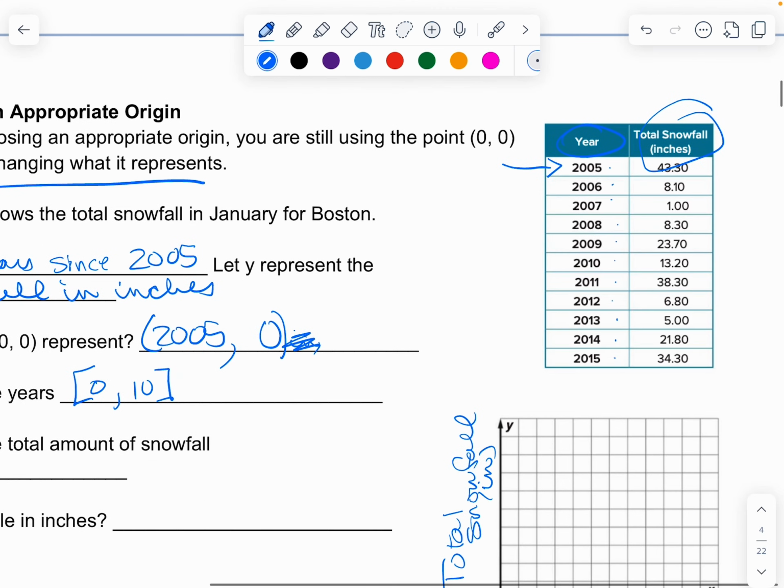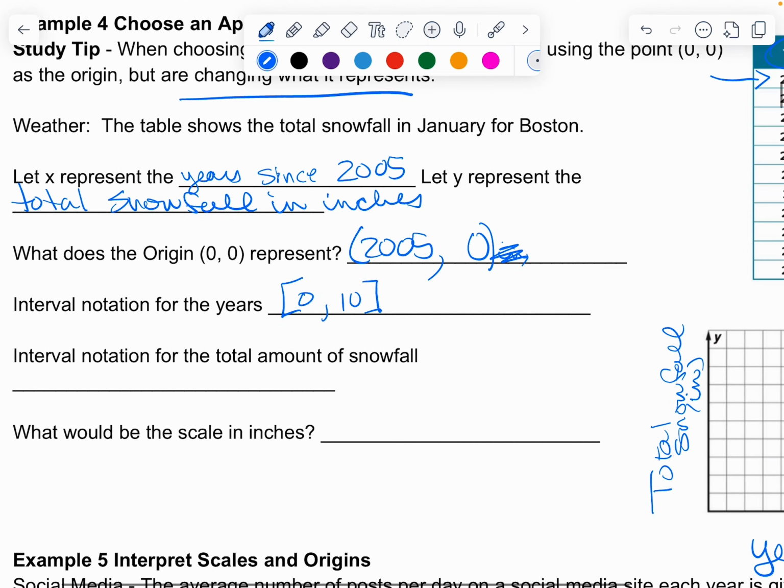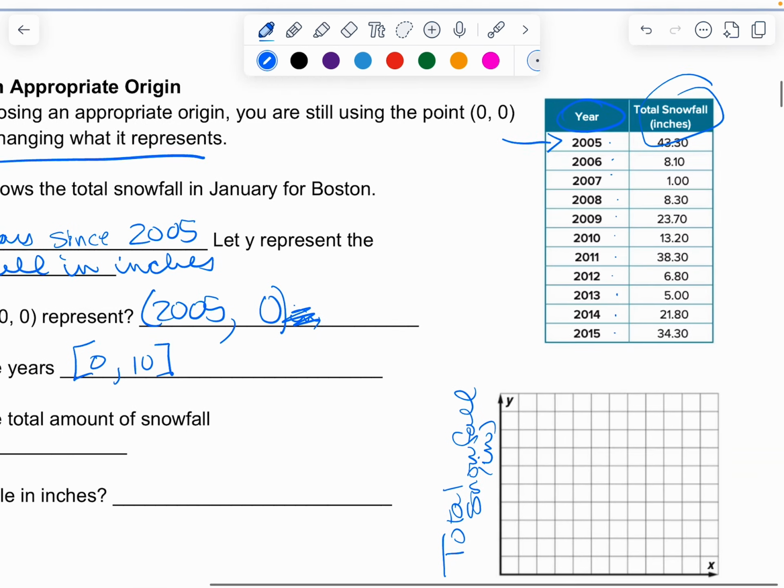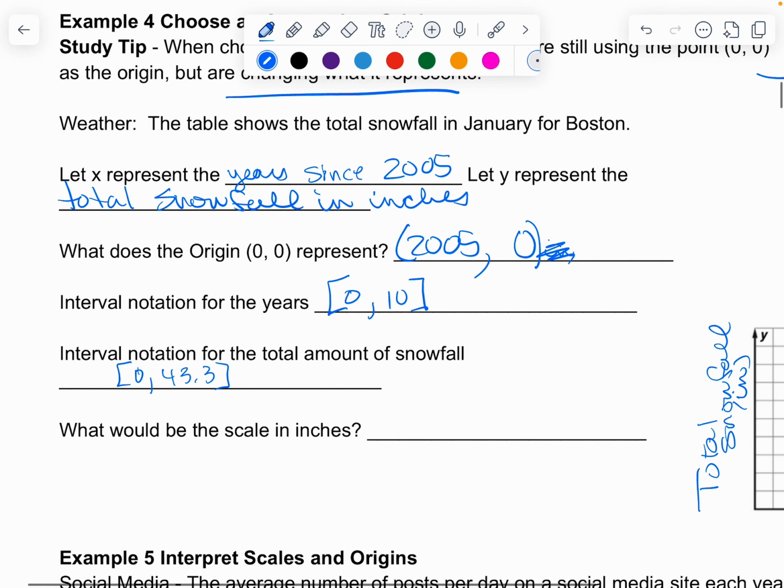Interval notation, the smallest we're dealing with is 0, and it's going to go up to 43.3. It's actually 1. The lowest is actually 1.